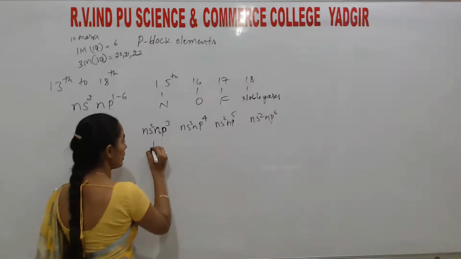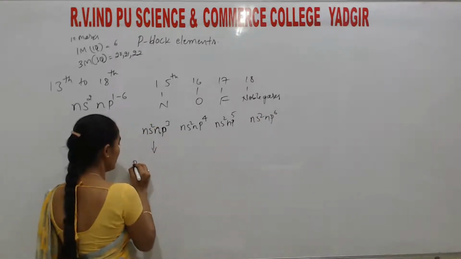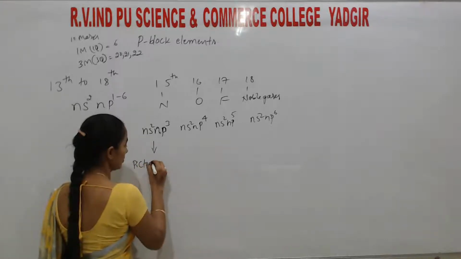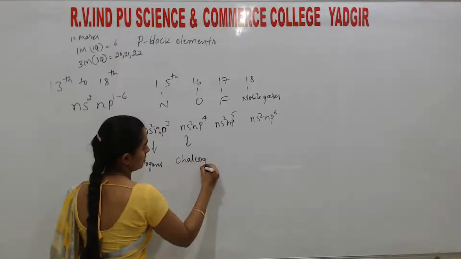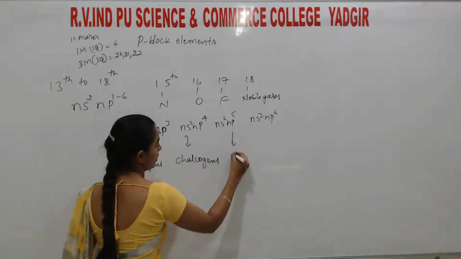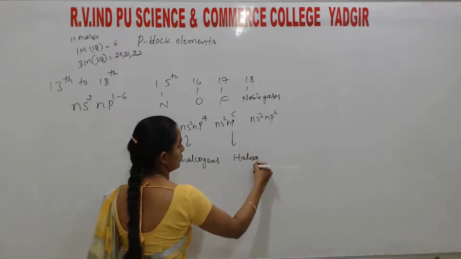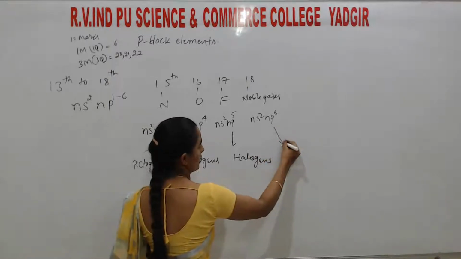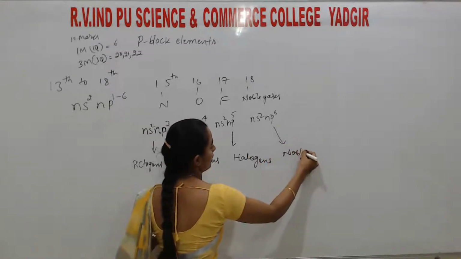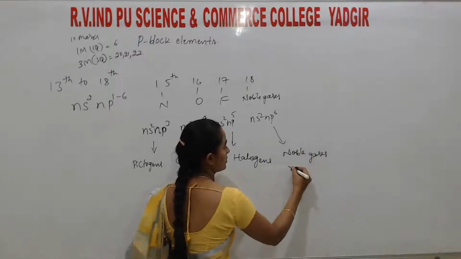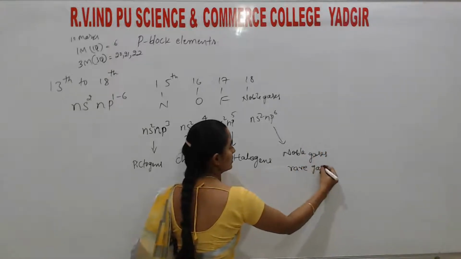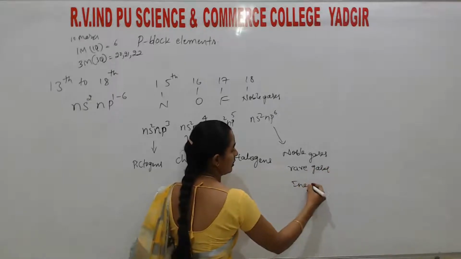So these are called pictogens, these are chalcogens, these are halogens, and these are noble or rare or inert gases. Noble gases or rare gases or inert gases.